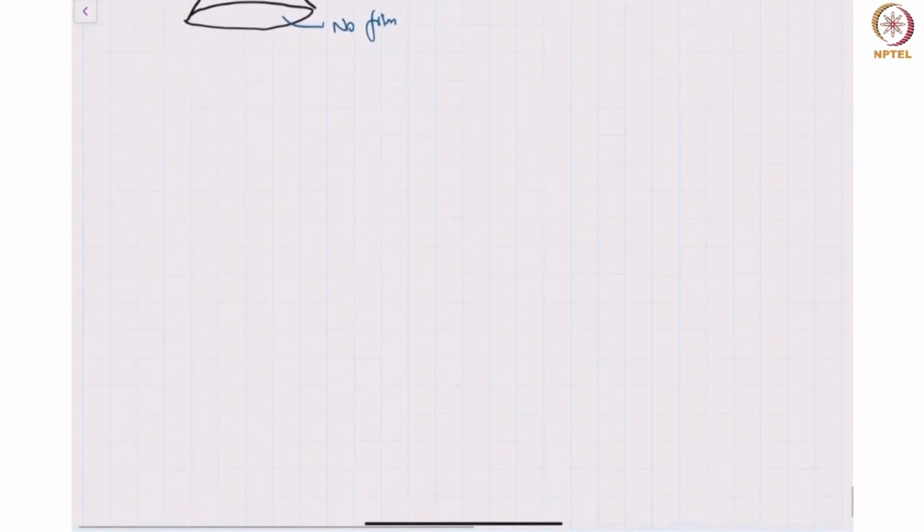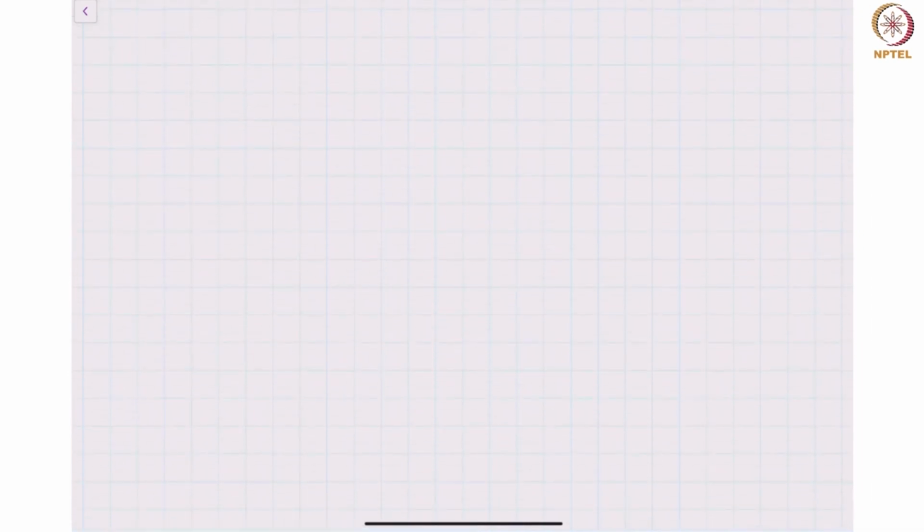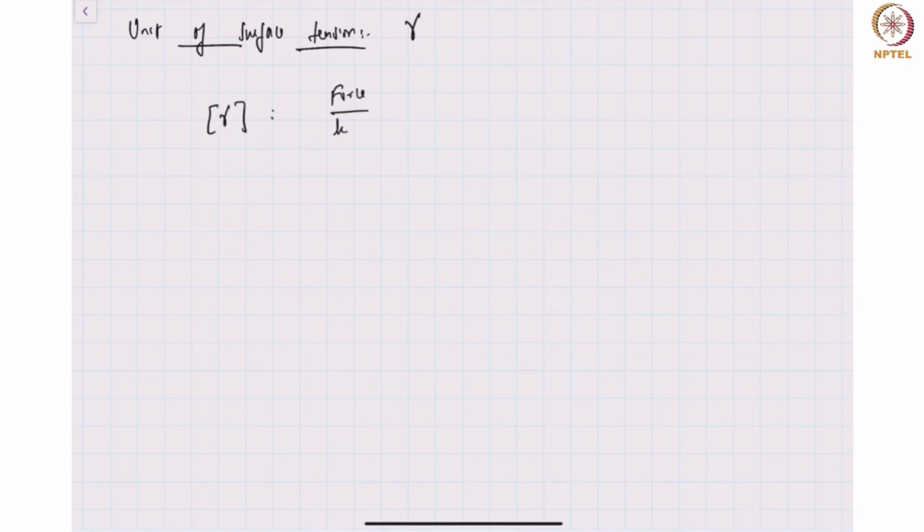So finally, let's look at the units of surface tension. Let's call it gamma. The unit of surface tension is force per unit length, and therefore this is Newton per meter. Note that surface tension is also energy per unit area, and this would be joule per meter square.